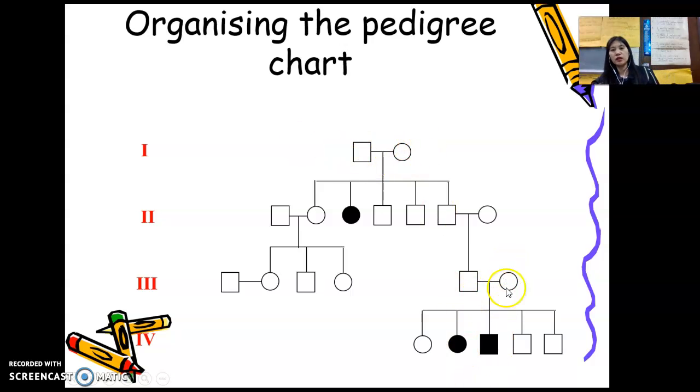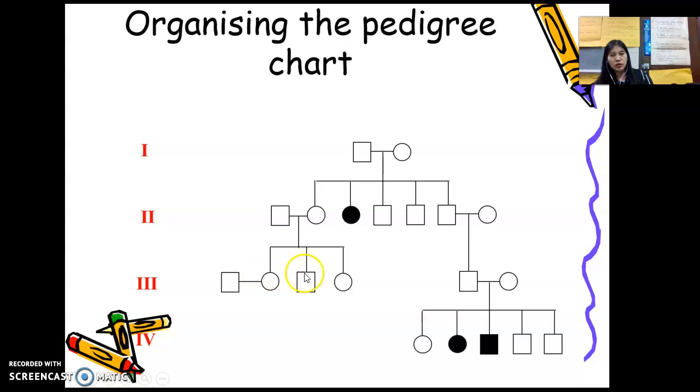Take note, we are on this side. So this is your grandfather, grandmother. Your dad is here. This is your mom, and these are your uncles. These are your aunts, right? So they are siblings here, generation 2.